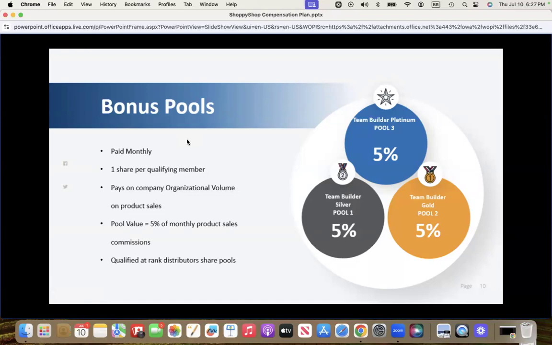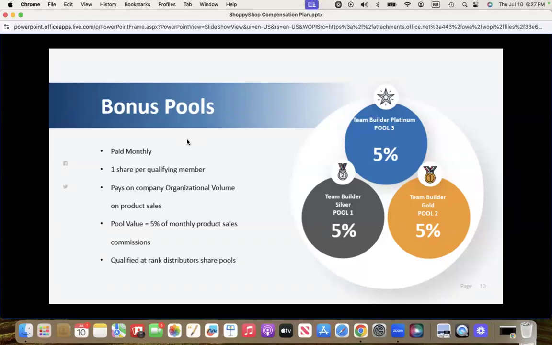In this company, it's entirely possible to qualify for all three bonus pools, and so you're taking a share into each of the three. So you're really getting paid on three pools every month, which we think is going to be a really great bonus for those of you who are willing to get out there and share the ShoppyShop opportunity.